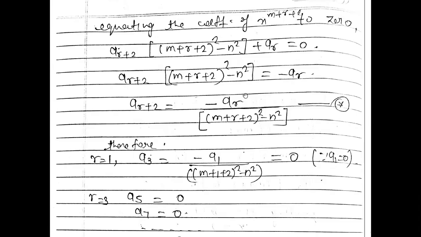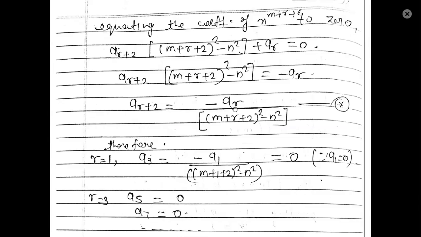Now equating the coefficient of x to the power m plus r plus 2 to 0. So m plus r plus 2, that means in a_r, r will be replaced by r plus 2. So a_(r plus 2) times ((m plus r plus 2) whole square minus n square) x to the power m plus r plus 2, plus summation a_r x to the power m plus r, is 0. So a_(r plus 2) times ((m plus r plus 2) whole square minus n square) plus a_r is equal to 0.